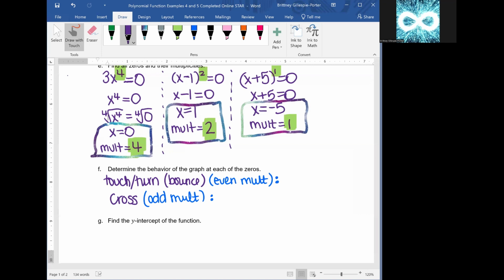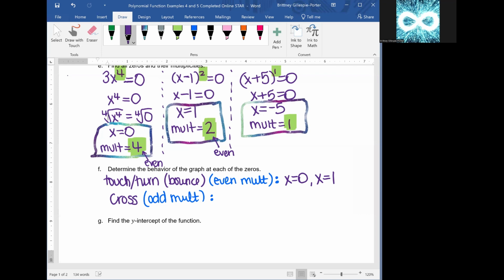So for x equal to 0, multiplicity of 4, 4 is even, which means at x equal to 0, we touch and turn. Notice I didn't write down the 4, I wrote down the x equal to 0. Let's go to the next solution. x equal to 1 has multiplicity of 2, which is even, which means at x equal to 1, the graph touches and turns.